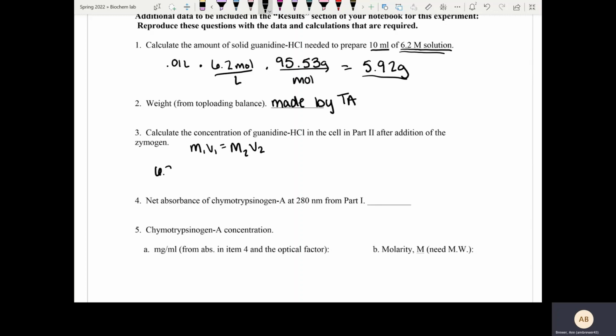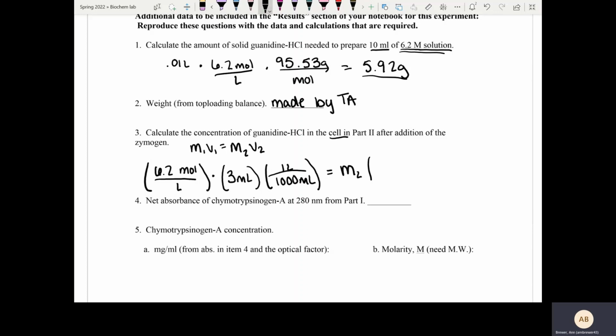So 6.2 moles per liter. Then our volume 2 we can set equal to 3 milliliters because that's the volume of the cell. And so we'll convert milliliters to liters. So 1 liter is 1,000 milliliters. And we'll set this equal to, so M2 is what we're solving for, the concentration.